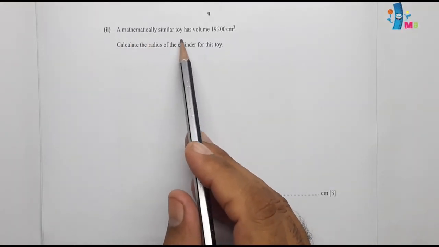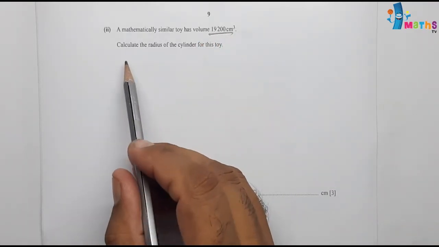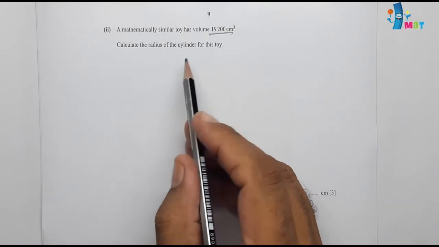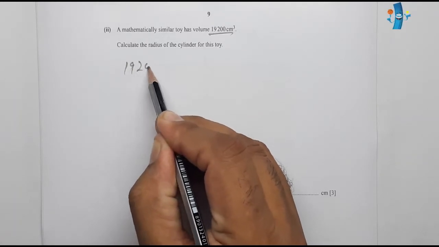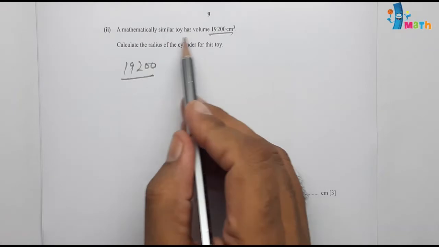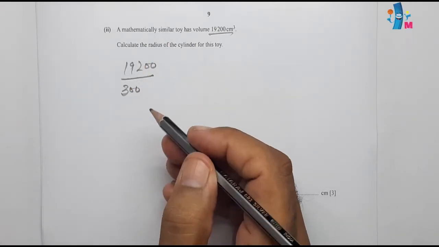Second part, a mathematically similar tie has volume of 19,200 centimeter cube. Calculate the radius of cylinder for this tie. We know 19,200, and the previous shape which is similar to this one was having volume of 300 centimeter cube.